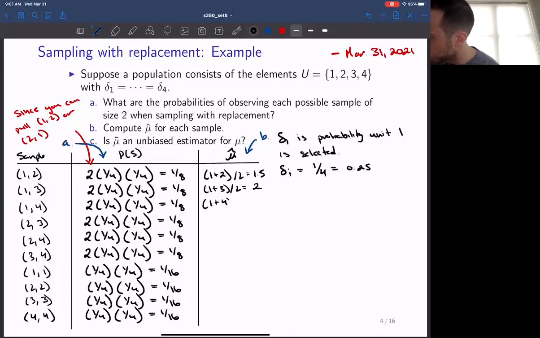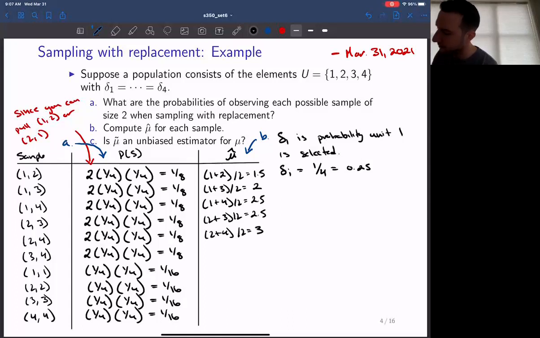1 plus 4 over 2, which is equal to 2.5. 2 plus 3 over 2, which is also equal to 2.5. 2 plus 4 over 2, which is equal to 3. 3 plus 4 over 2, which is 3.5.